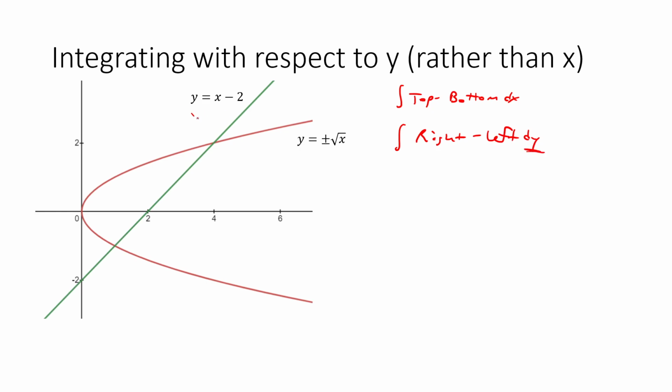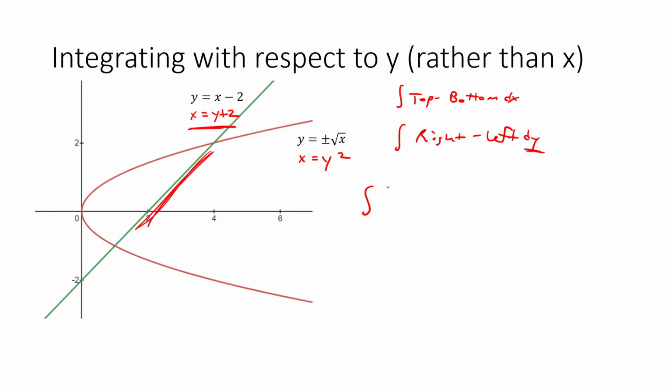So I'm going to rearrange now. If y equals x minus 2, then x equals y plus 2. And if y equals plus or minus the square root of x, then x equals y squared. I'm just solving for the other variable. And now I'm going to integrate. What function is on the right?